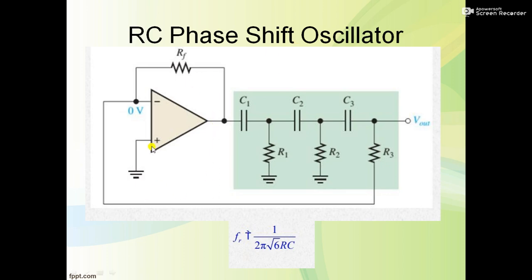We get that distortion signal at the output of the op-amp when you apply the supply voltages, and with the help of this amplifier we improve the strength and quality of that distortion signal, and then you get that signal at this stage.